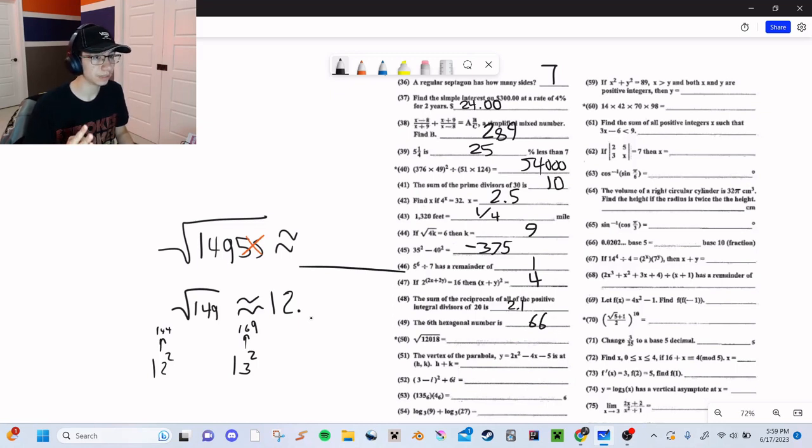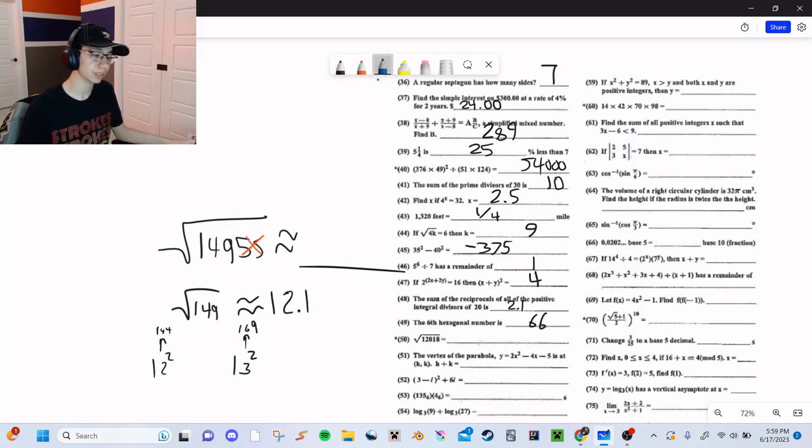It's not as close as the last example, like 145. So instead of saying 12.0, I'd probably put it a little farther. I would say probably 12.1.